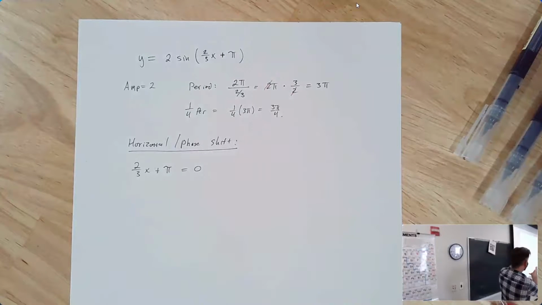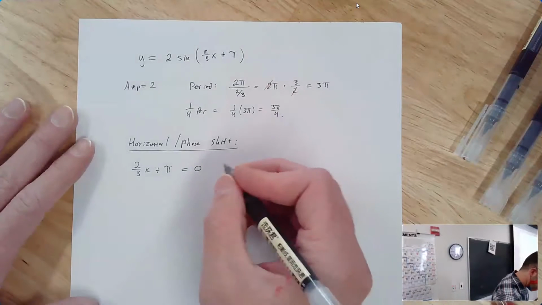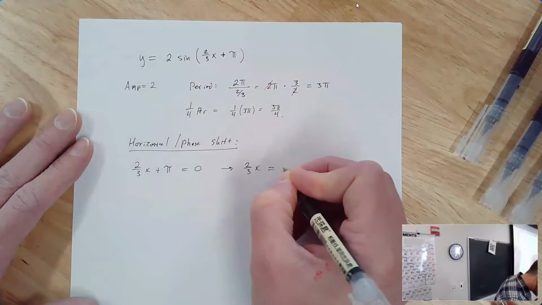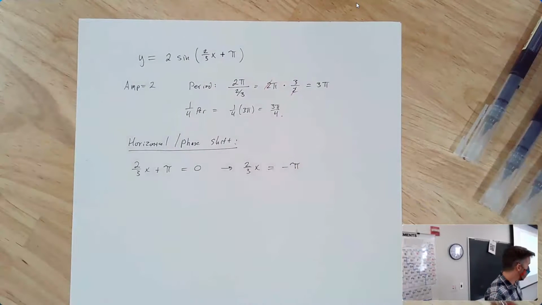That's exactly what we're saying: 2/3 x plus pi should start at 0. Now we're going to solve for x. So subtract pi from both sides. So 2/3 x equals negative pi. And what should I multiply both sides by?